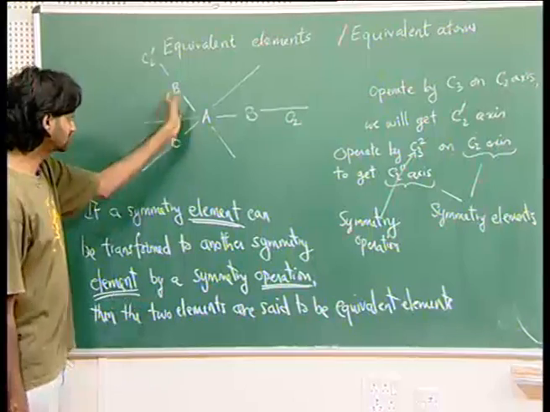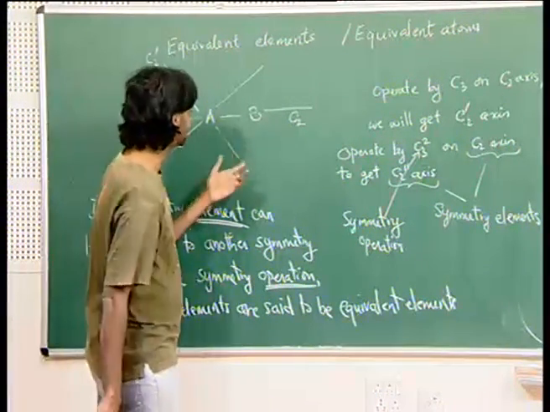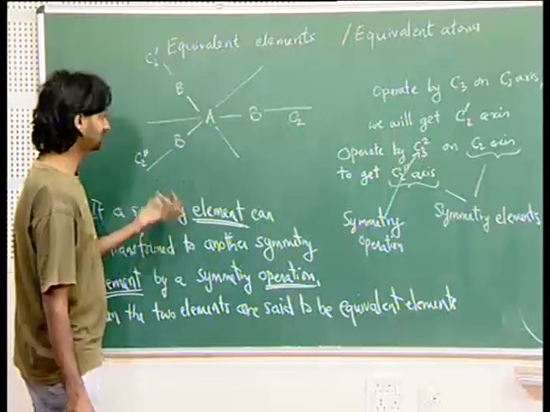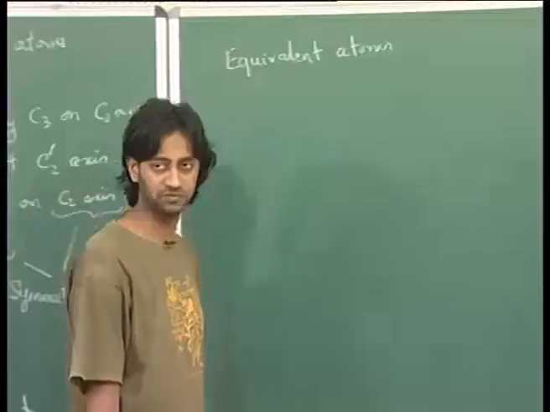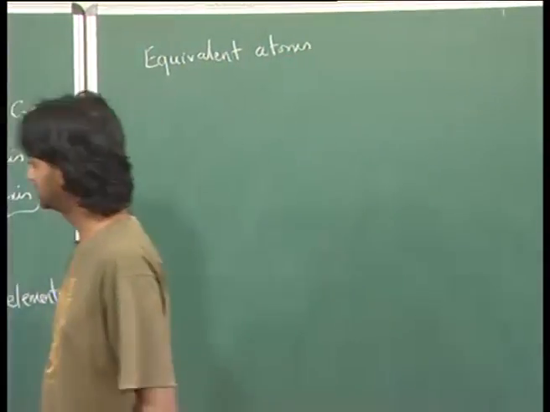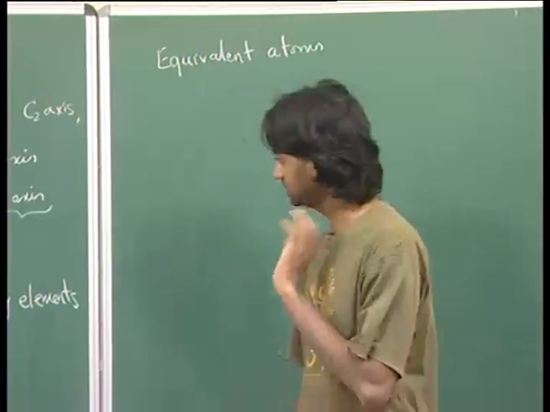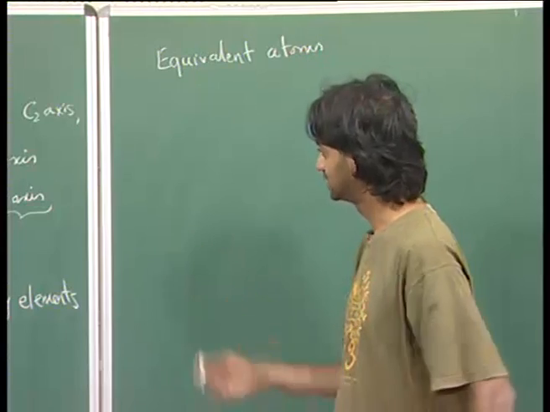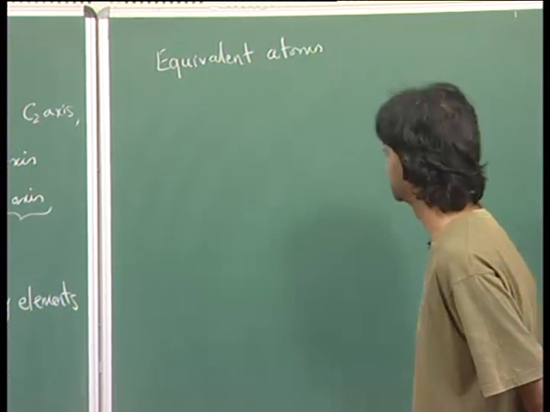Since my choice of coordinates is completely arbitrary, I can rotate my molecule whichever way I want, and then the C2, C2 prime and C2 double prime can be interchanged. So there is really no difference between each of these. But the formal way of stating it is this, that these elements are equivalent. And that is because there is really no difference between them. It was just the way we chose the axis that made them look different.